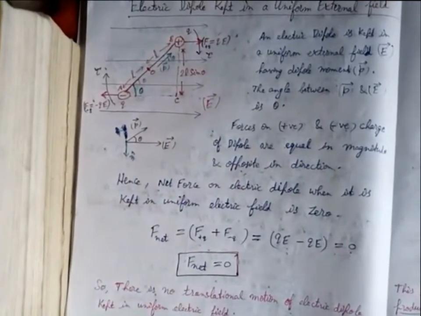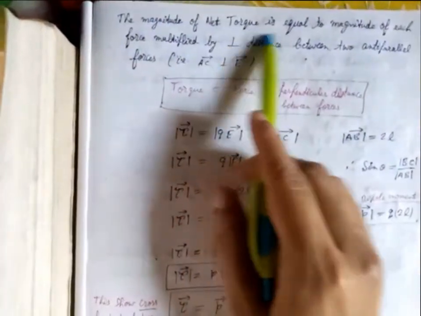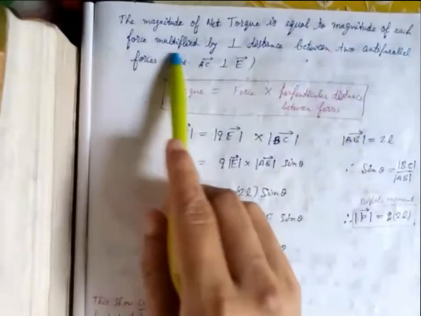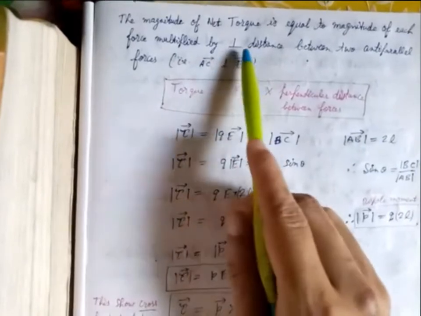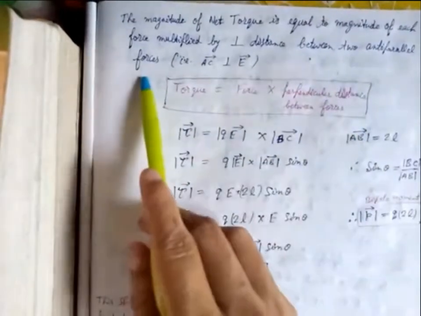So there will be a net torque, and the magnitude of net torque is equal to the magnitude of each force multiplied by the perpendicular distance between the two anti-parallel forces.